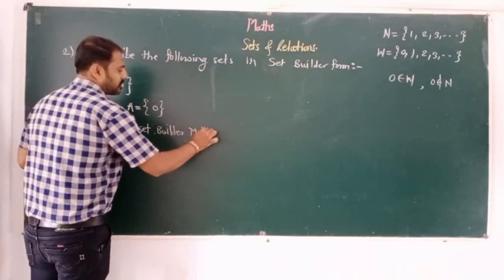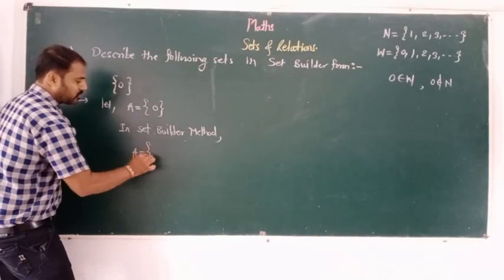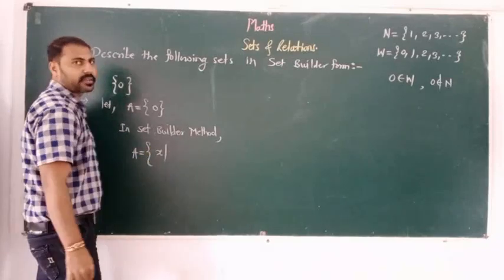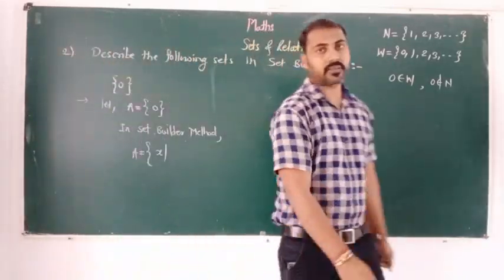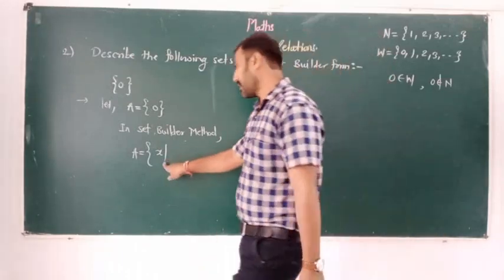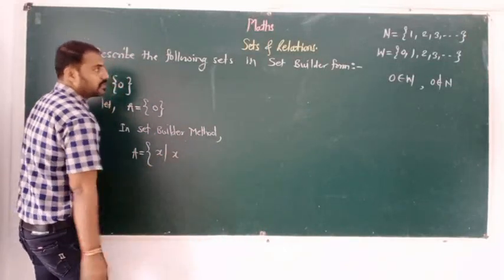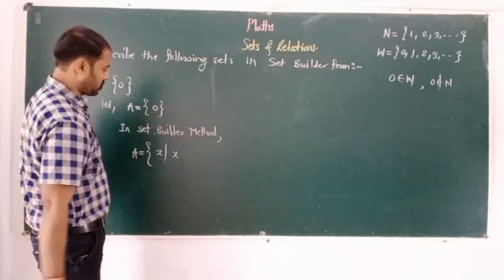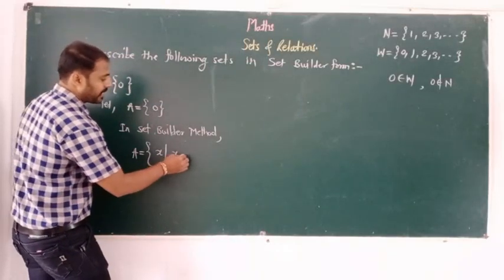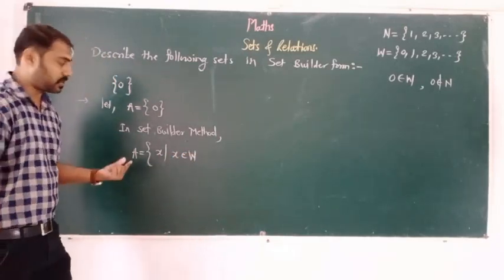Set builder form can be written as A is equal to the set of all x, such that, where the standing line stands for such that, x belongs to whole numbers.